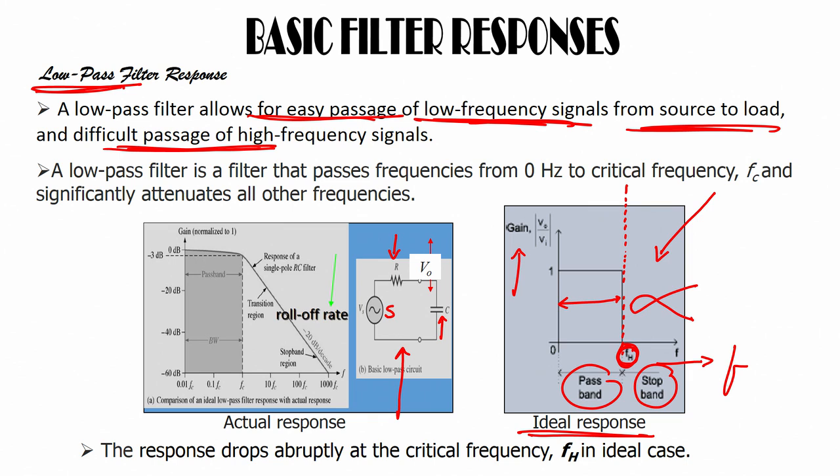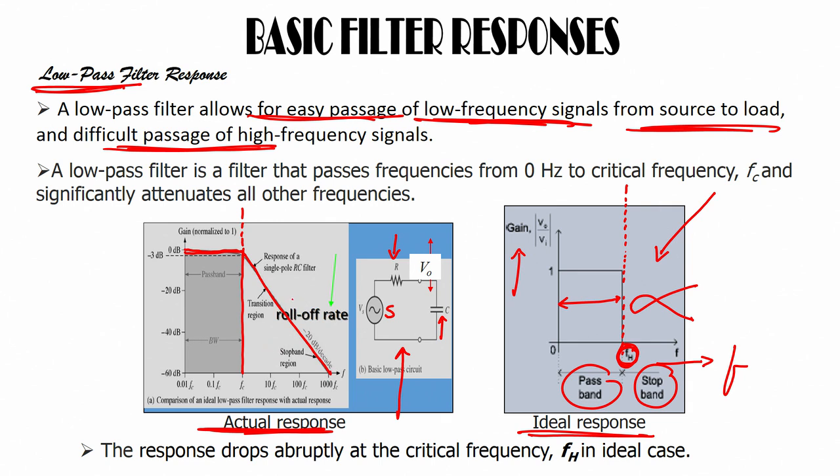But when you see the actual response, you will see a lot of things. First, the cutoff frequency should be here. Actually it should have been like this, this is the ideal plot. But in practice, when you perform the experiment, the actual response would be different from your ideal response. And here you see that it will go down slowly and stop at a certain frequency, right.